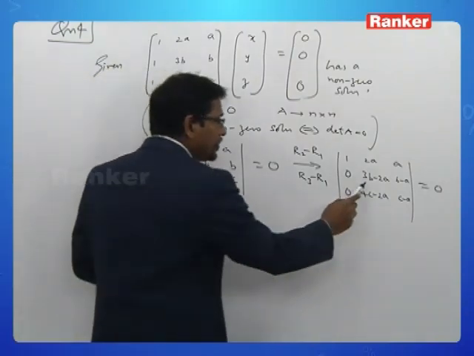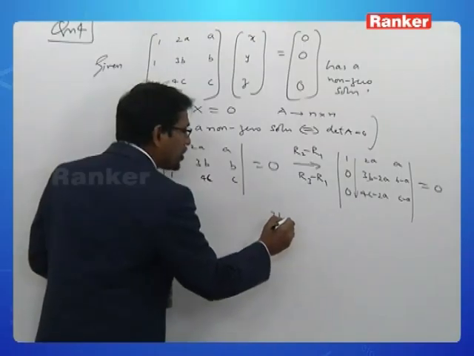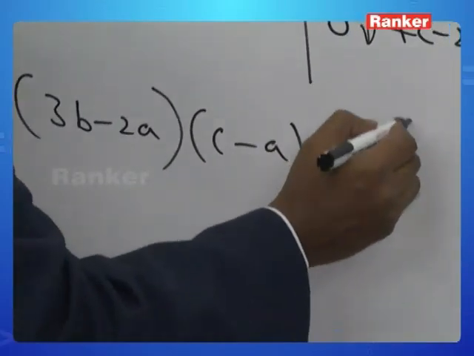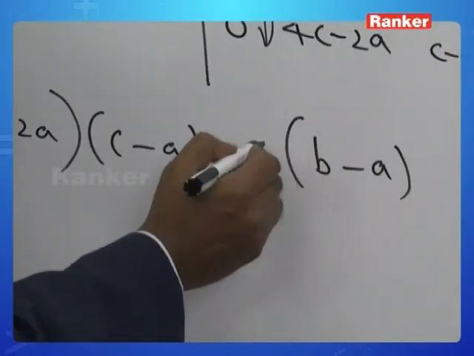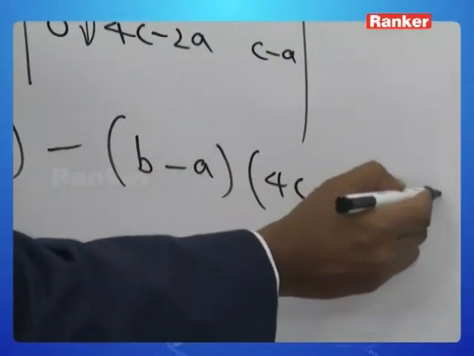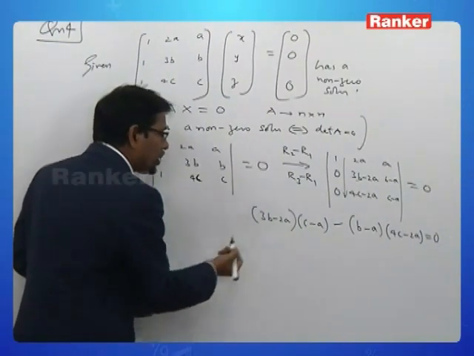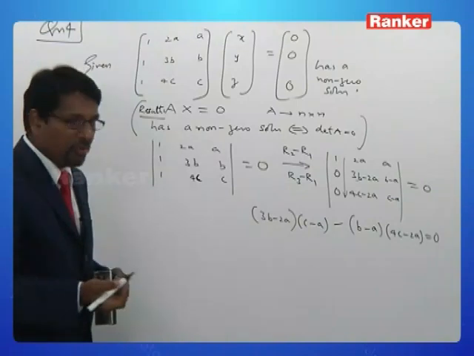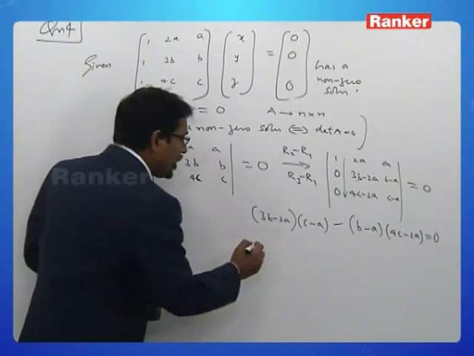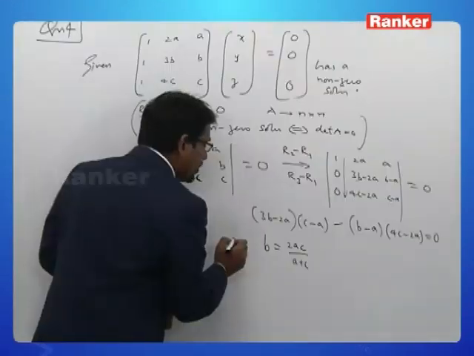Now let's open it up by the first column. You get (3b minus 2a)(c minus a) minus (b minus a)(4c minus 2a) equals 0.